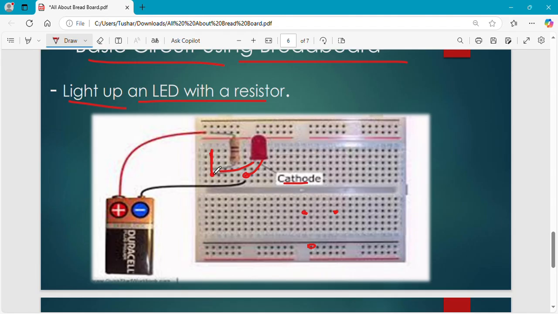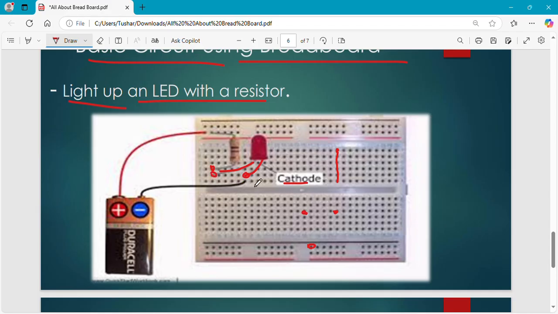If I connected the battery positive here, I need to connect the resistor in this line only. So I have connected this resistor here and this LED positive here.